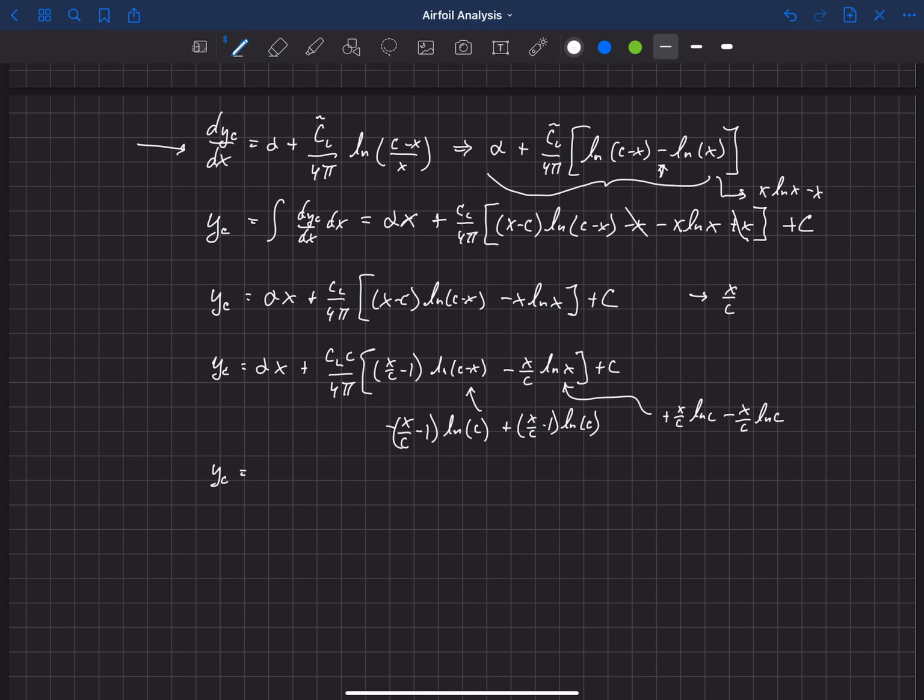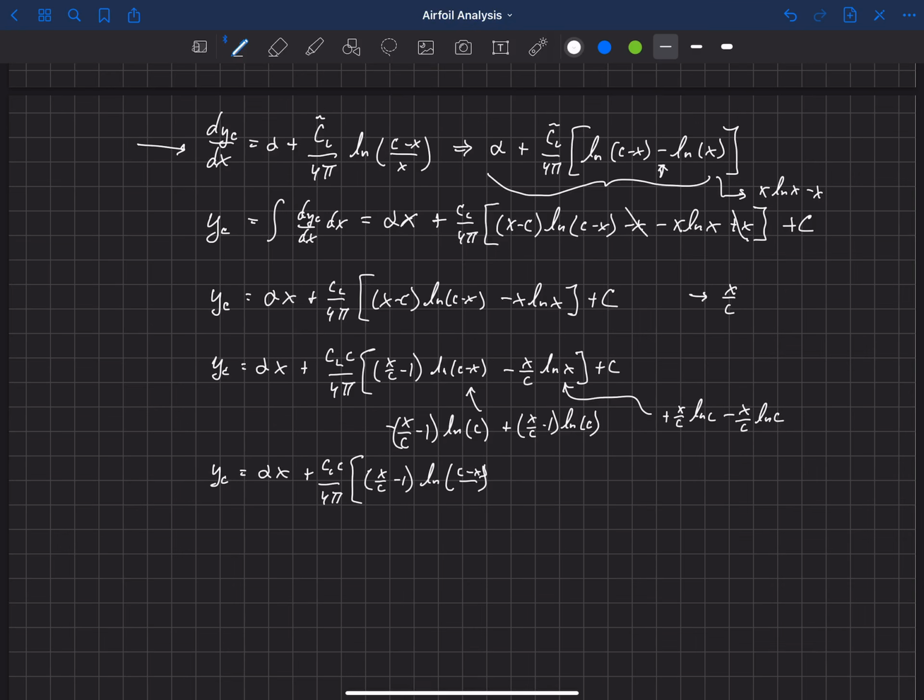So we're going to have y of c equals alpha times x plus CLC over 4 pi. There's a couple steps in here, but we'll just work through it. For the first term, we're going to have x over c minus 1, and then natural log of c minus x over c.